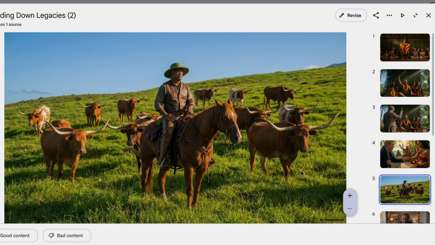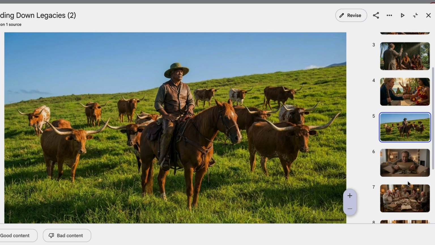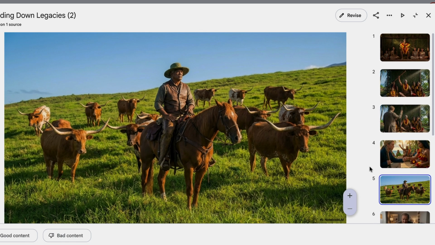And then he started the Parker Ranch with these longhorn steers, cattle, on the grassy Hawaiian slopes. That's pretty good, huh? So that's how we create these images.